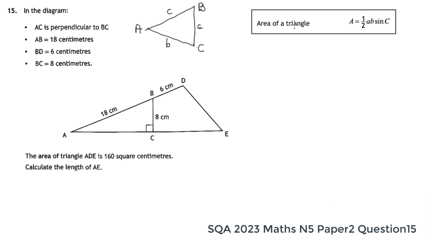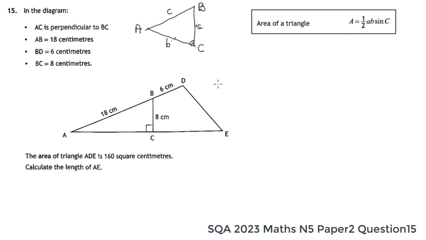And the area tells us it's a half of a times b. Now that's a couple of sides that meet at angle C, so it's a half the length of a times the length of b times the sine of the angle in between them. So for this formula to work, two sides are needed and the angle in between them.